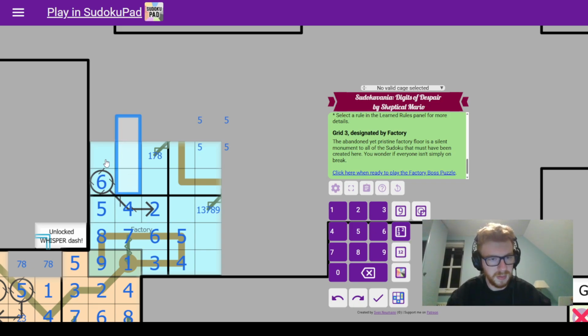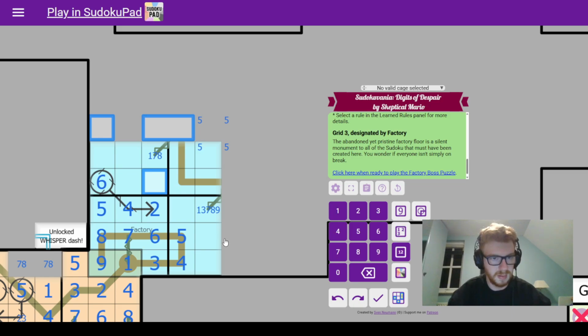Well, okay. So if you have the 4, you have this, but then that cannot be a 4. I know it can because of the whisper, but because of the thermo actually. But then it sees that digit, and that digit. So this 6, that couldn't be a 6.